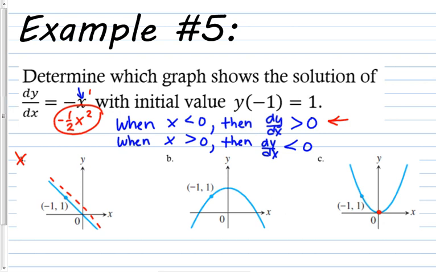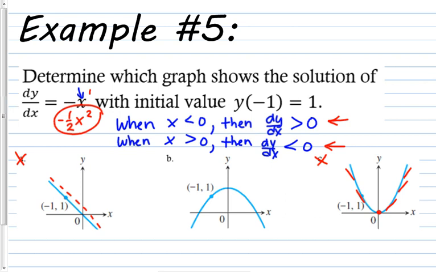I need my slope to be positive. Well, if you look, these slopes are negative. And for the next one, when x is bigger than 0, so on the right, I need dy/dx to be less than 0, so I need my slopes to be negative. They're actually positive. So that makes C not my answer.